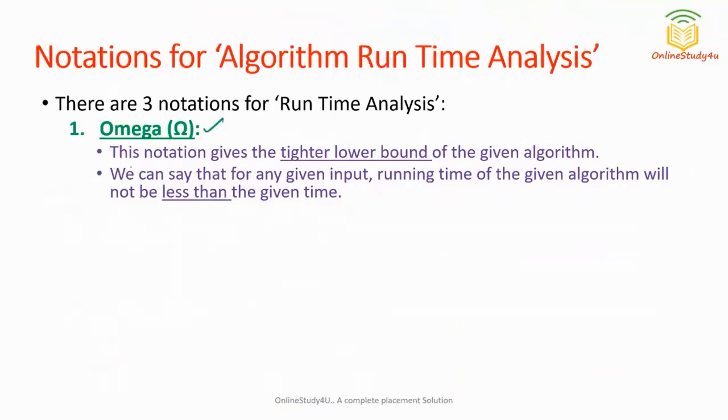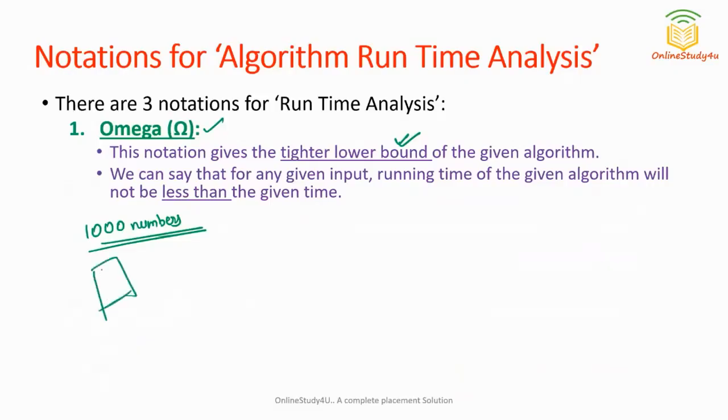So omega notation gives the tighter lower bound of the given algorithm. Means if we are trying to sort 1000 numbers, sorting means arranging in ascending or descending order. Now we have an algorithm for that.